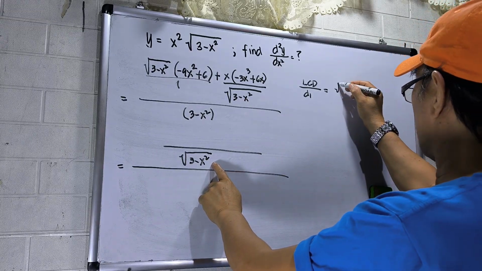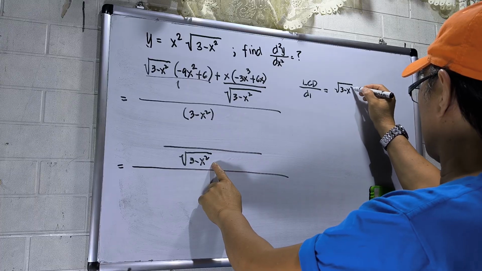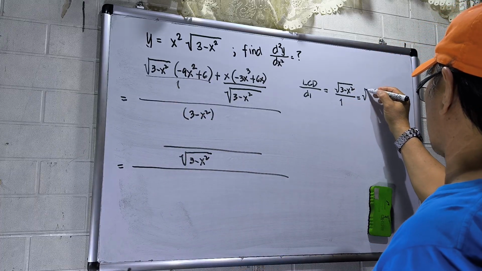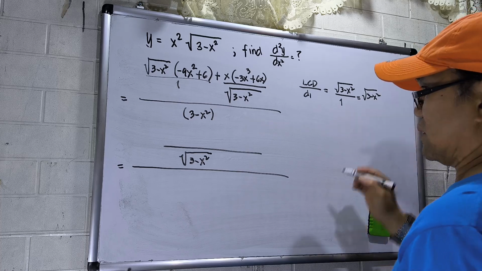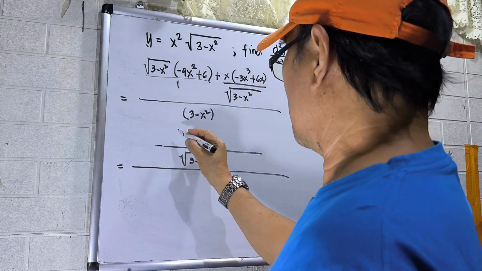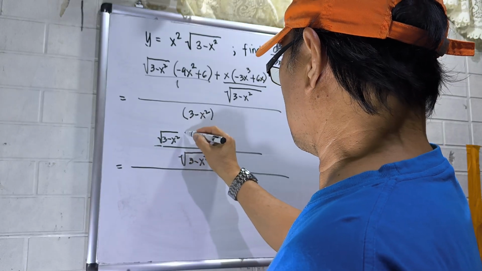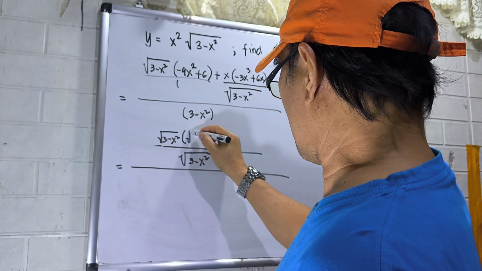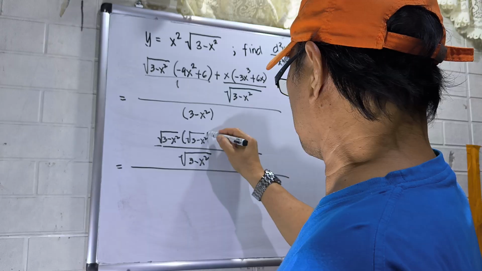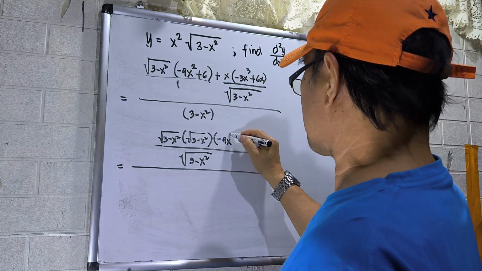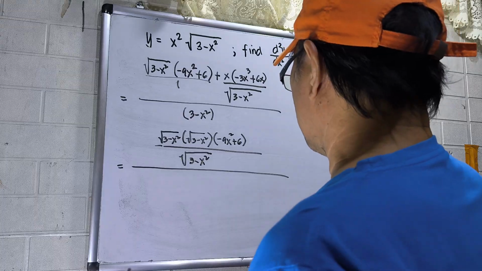So square root of 3 minus x squared is divided by 1. So this will be square root of 3 minus x squared times this one, square root of 3 minus x squared times negative 9x squared plus 6.